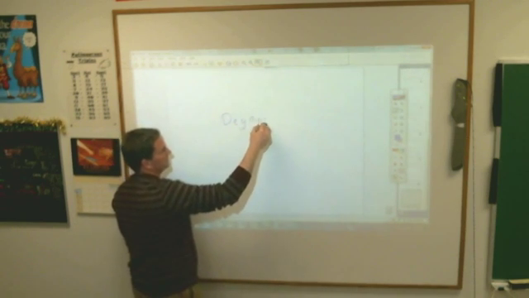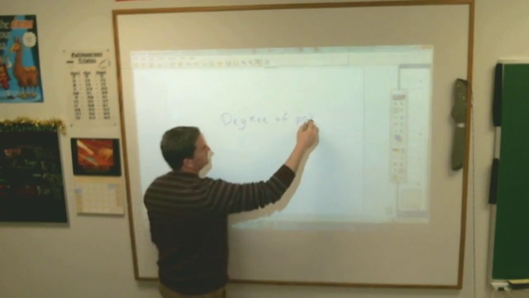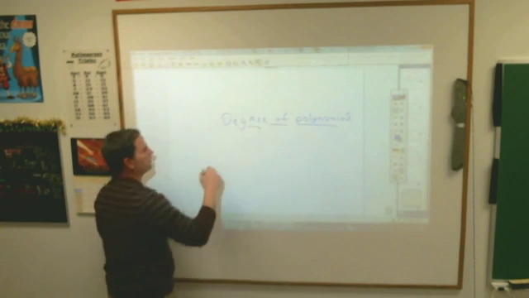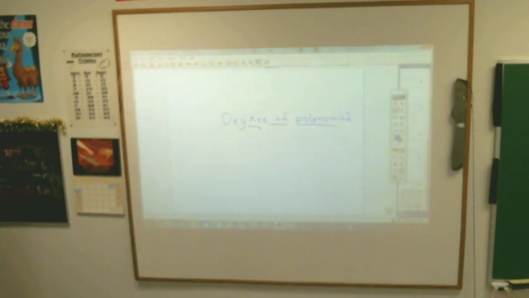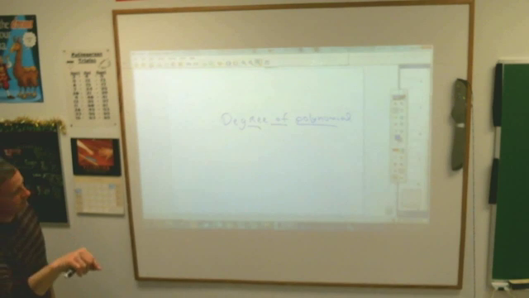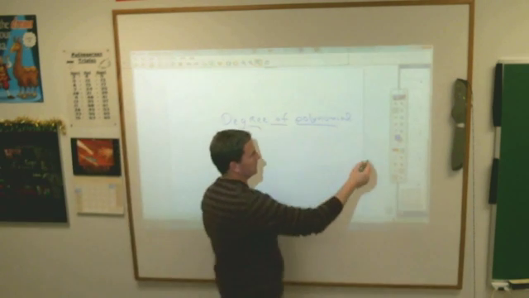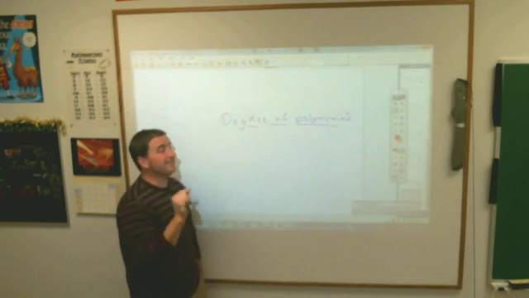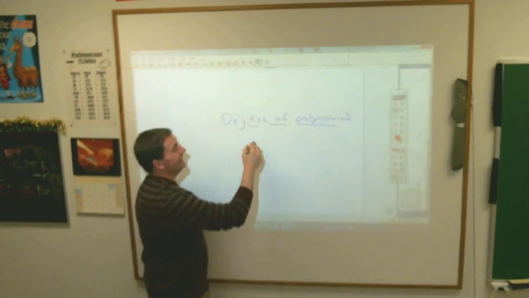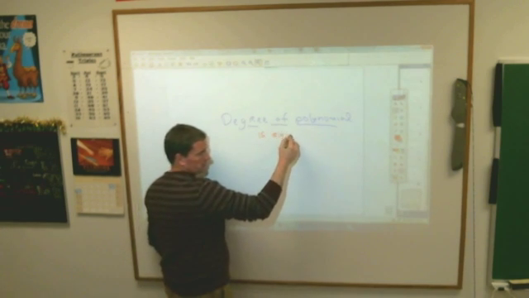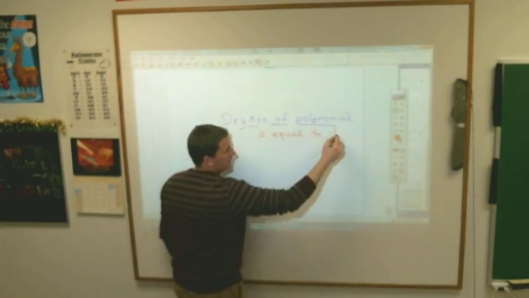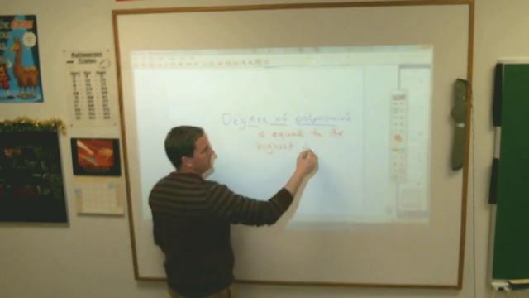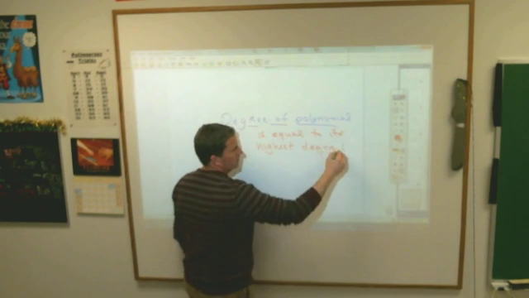Wait, so how do you write degrees? Now, the degree of a polynomial, a degree of something that has more than one term, is equal to its highest degreed term.